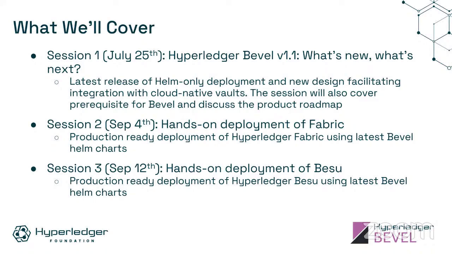In the second session, we continued talking about the Helm only deployment and demonstrated the newer Helm charts by deploying Fabric. Now, in today's session, we'll be using the same Helm only deployment using our new Helm charts and show you the production ready deployment of Hyperledger Besu.